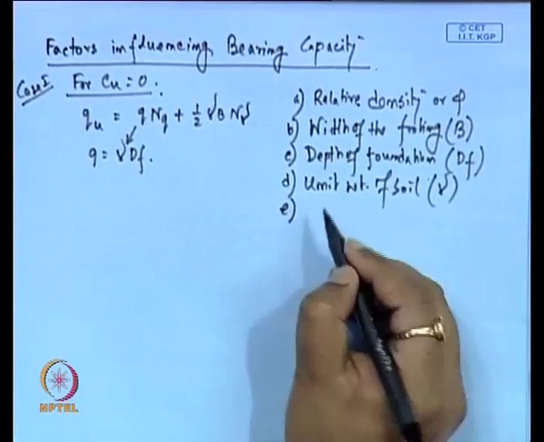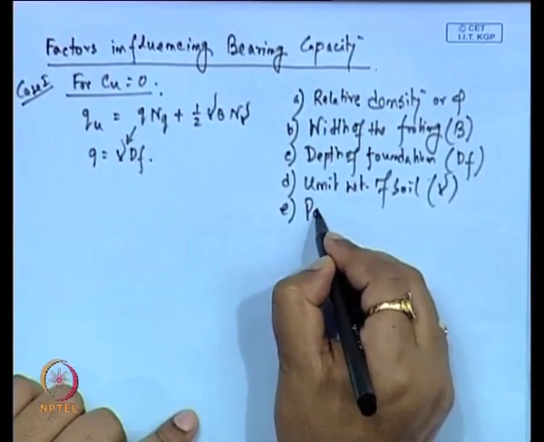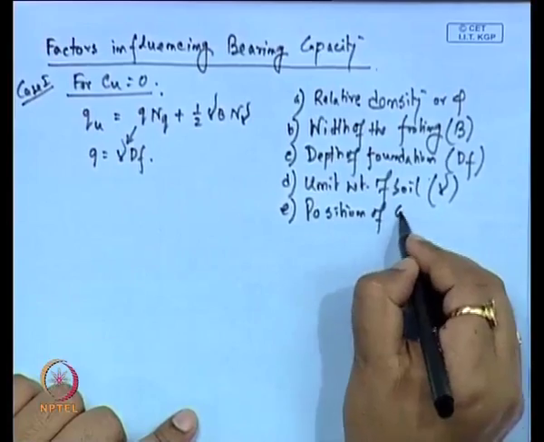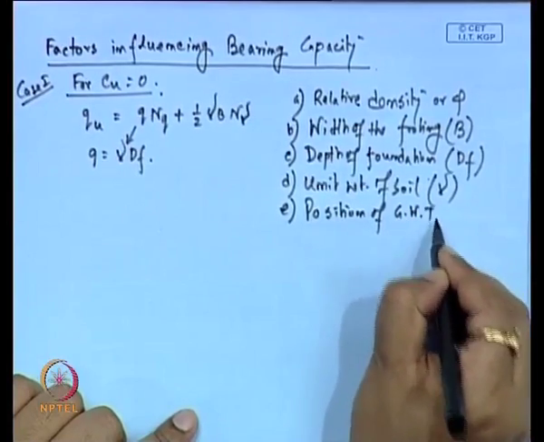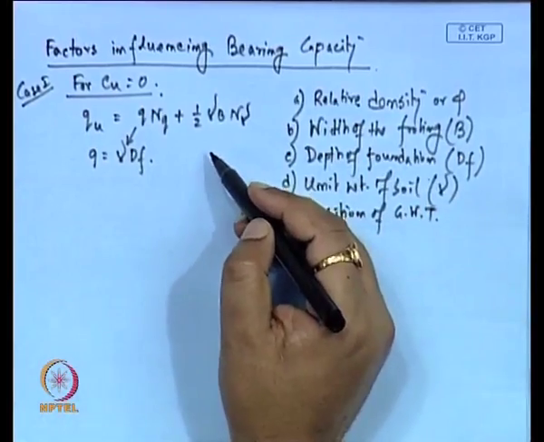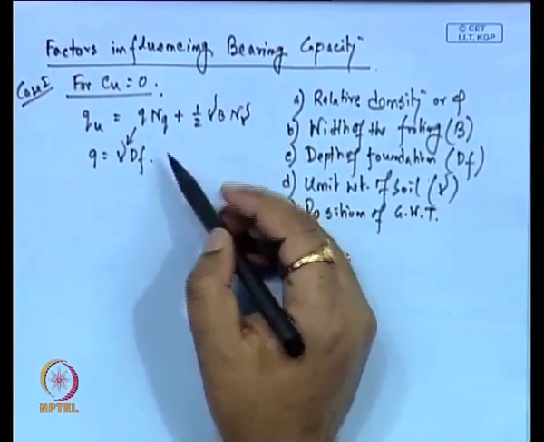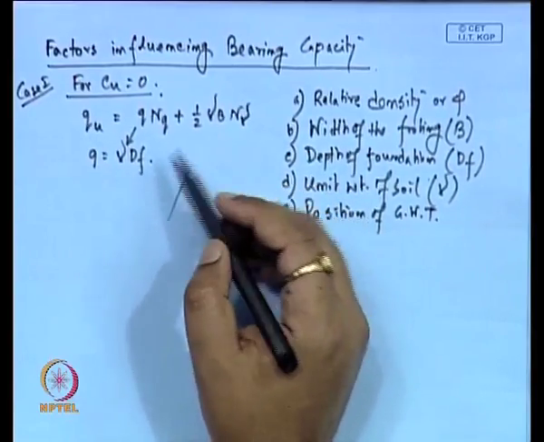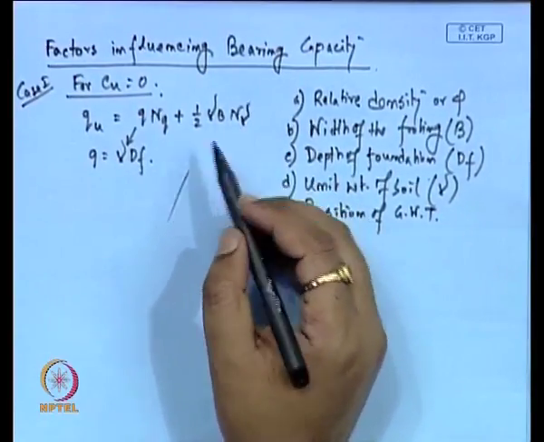And the next one is the position of the groundwater table. I have already explained that if the groundwater table position changes, then this Qu value, the ultimate load carrying capacity or bearing capacity value, will also change.